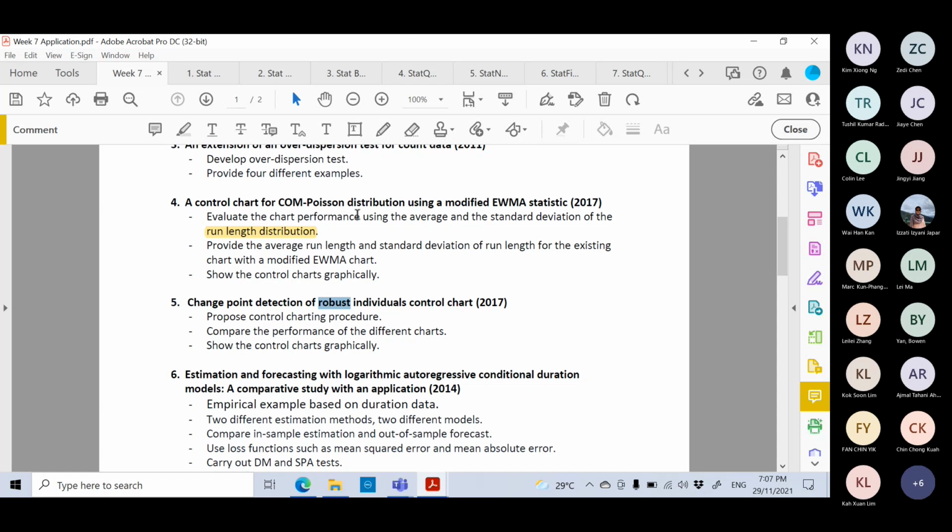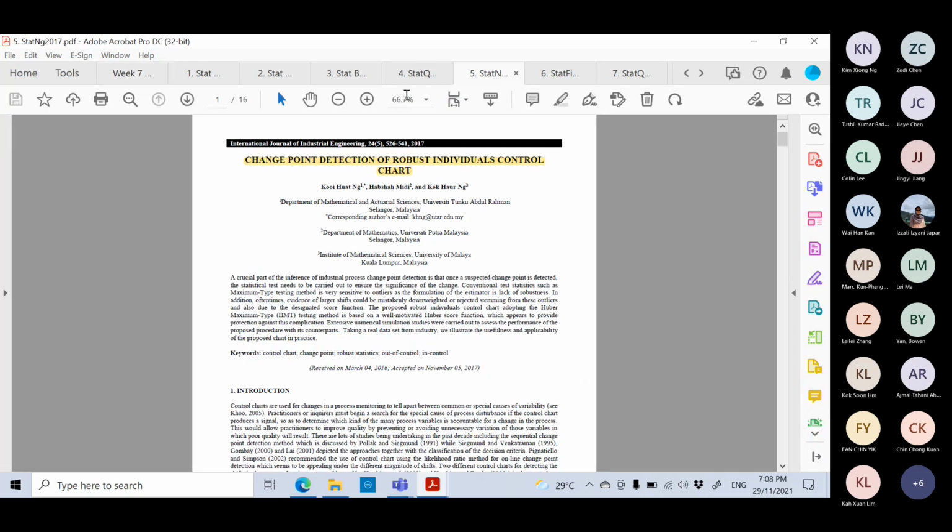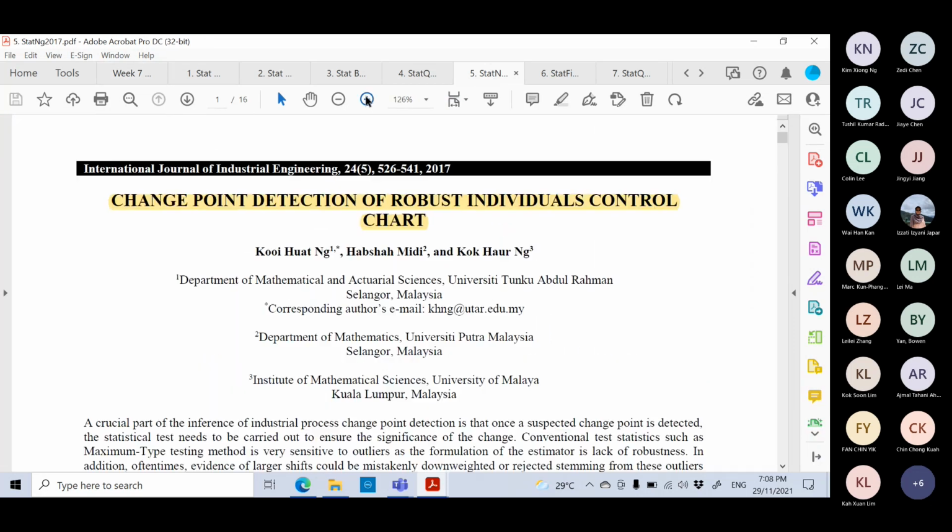Because when you provide only a simulation study, people may not know how good your techniques are in real application. So in paper number 5 here, you can see that this one is the change point for the control chart. So this paper was published in the year 2017 in an Industrial Engineering journal. I think it's an engineering journal.